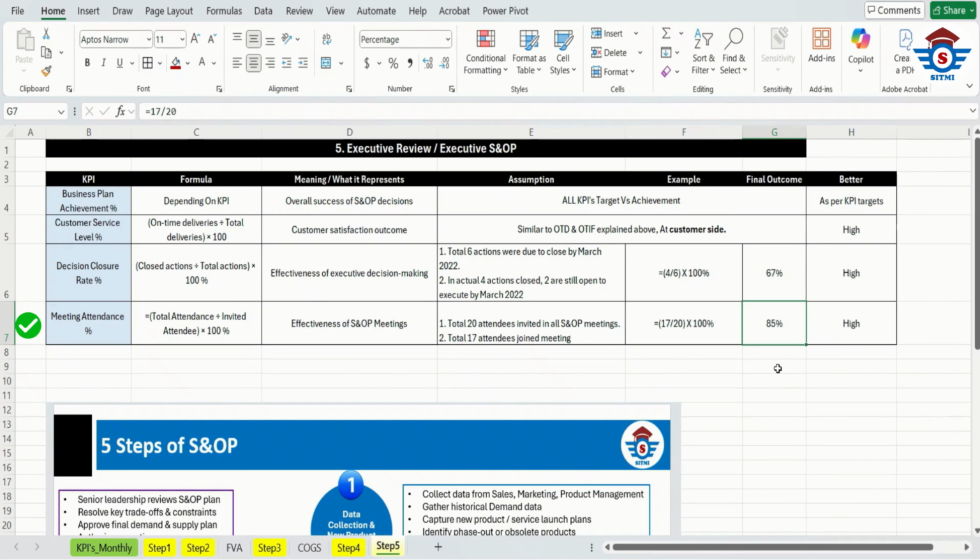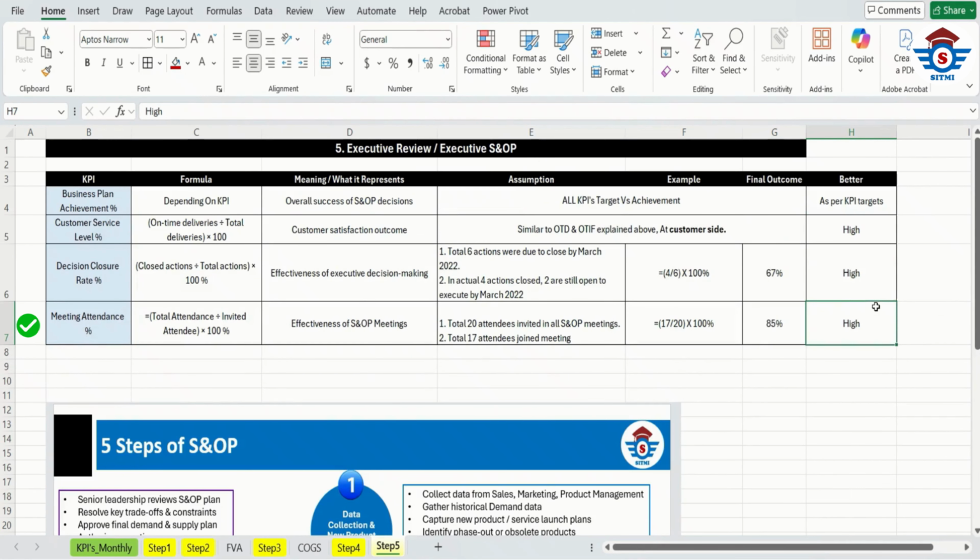So 85% of the people have attended the invited meetings, and 15% of the people were still not able to attend that meeting. So it tells us the effectiveness of our meeting performance in all the S&OP steps, and higher the number of this meeting attendance, better is the performance. This also represents collaboration and coordination between the different departments.